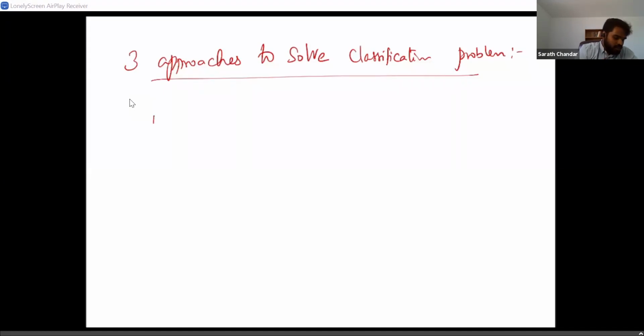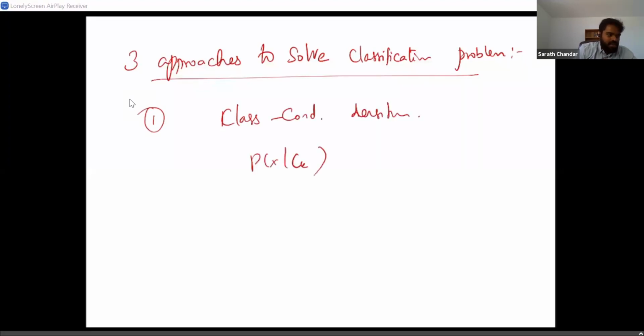Okay, so the first approach is to model the class conditional distributions, densities, P of x given CK for each class CK individually. Also, you infer the prior class probabilities P of CK. So this is the first solution. You first try to model P of x given CK, and also model P of CK.